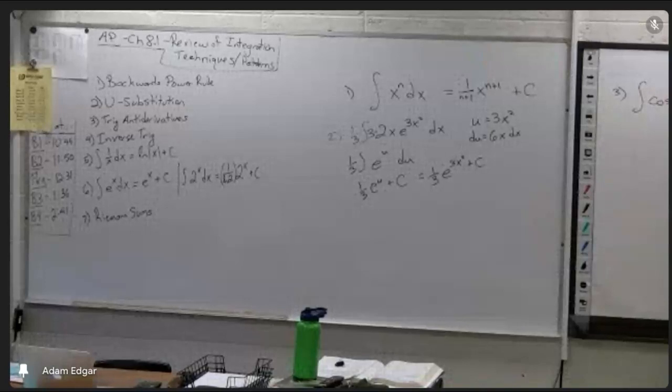That's negative cosine x plus c. All right. Other trig antiderivatives. Integral of secant squared x dx is tangent. And therefore, the integral of cosecant squared x dx is negative cotangent.